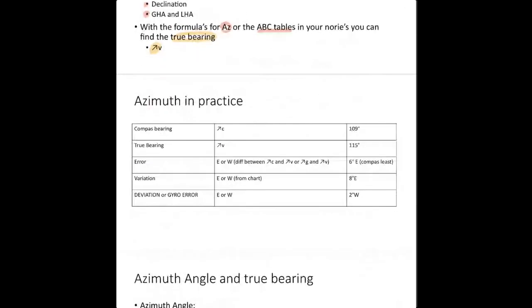So this is what it all comes down to. You have either a compass bearing or a gyro bearing. Then you get a true bearing. Where do you get it? Via the ABC tables or a formula. And then you can determine the error between the compass bearing or the gyro bearing on the one side and the true bearing that you have calculated on the other side.